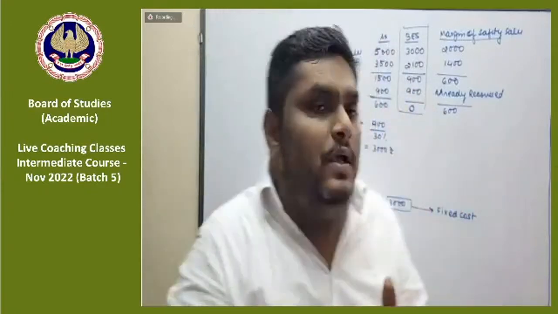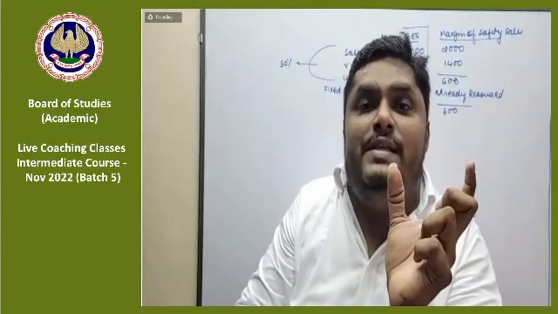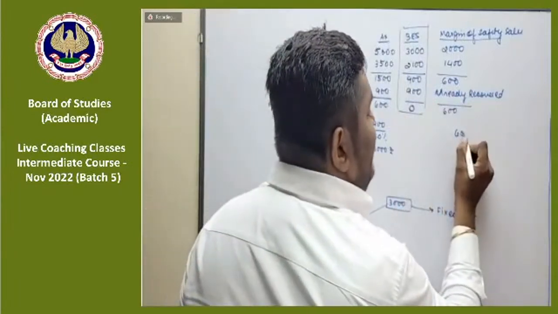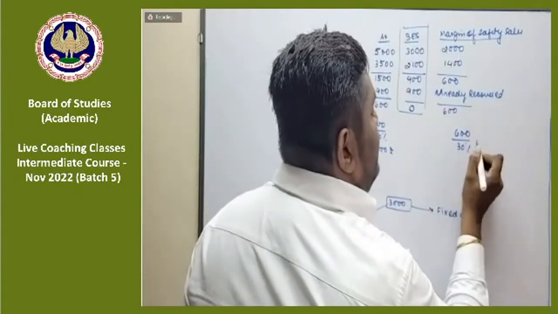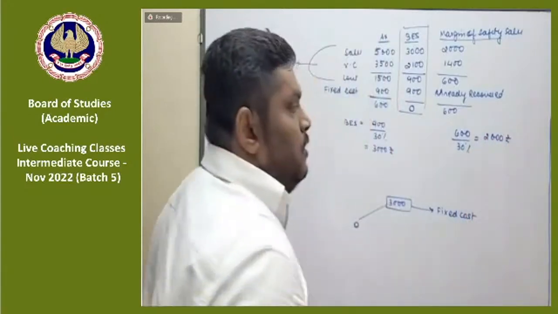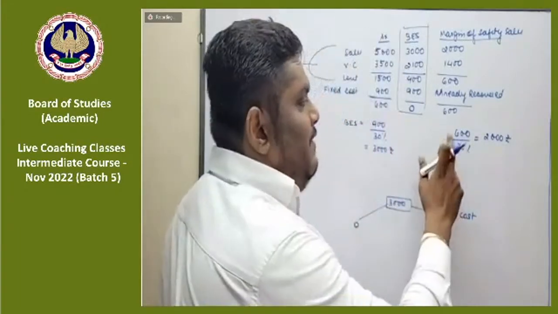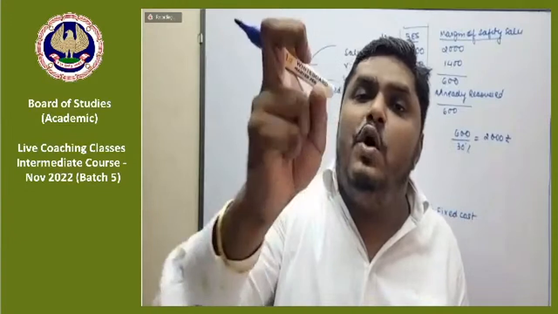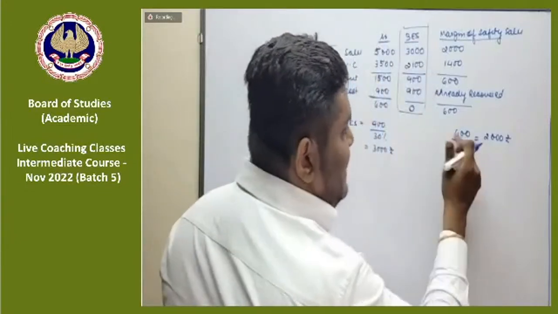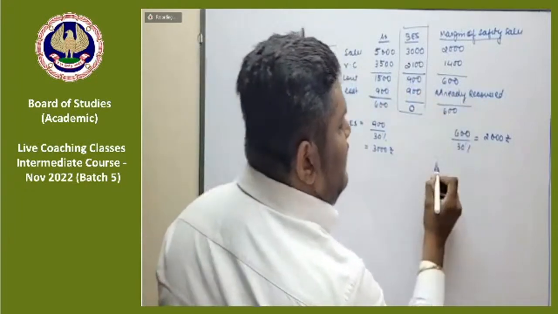Once you cross break-even sales, if you want to calculate extra sales, very simple: 600 divided by 30%, that is 2,000 rupees. One more formula for margin of safety sales: the extra contribution over and above fixed cost. This is my extra contribution, 1,500 minus 900.